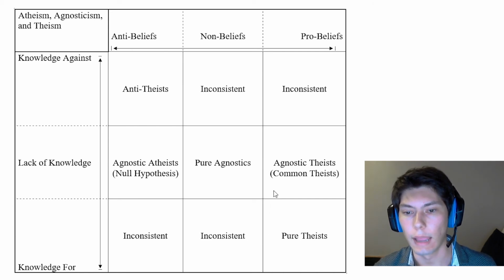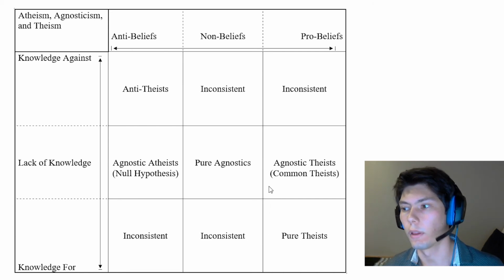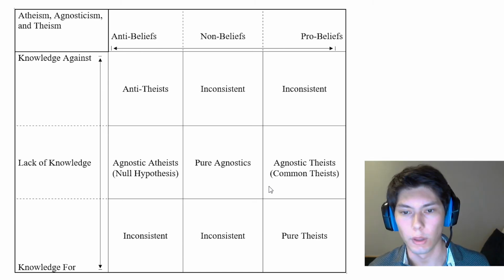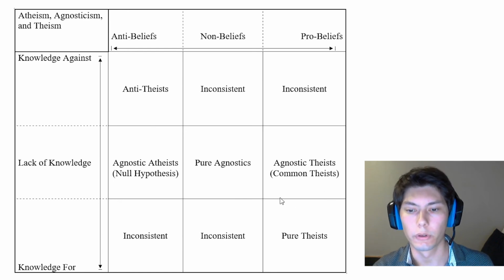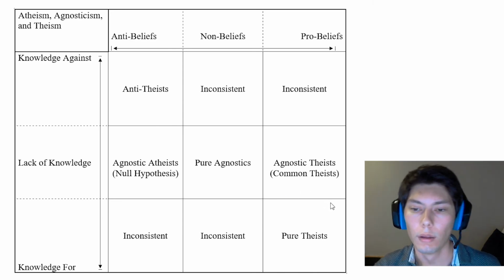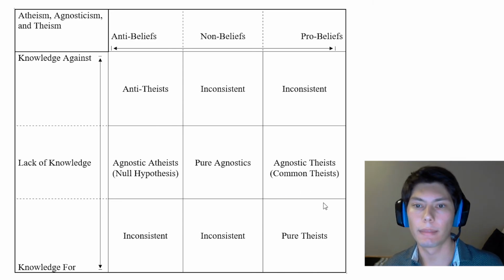Let's say that the ontological argument or the Kalam cosmological argument is sound, and you believe it, then you would be getting closer to knowledge, and so we might say that you're closer to this area, for example.